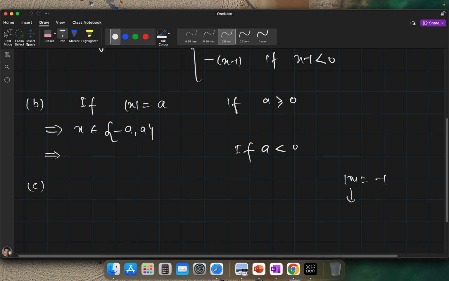It will not produce any values, because modulus of x is always a non-negative number. Whatever you feed in place of x, it will always produce a non-negative number, but it says the modulus of x should be minus 1, so there will be no solution.